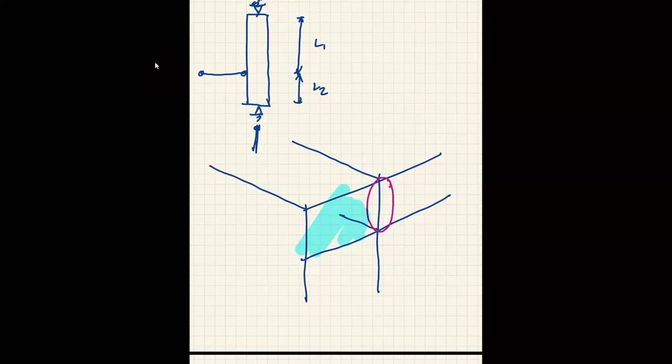When you consider buckling of the in-plane one here, or the out of plane, which is in this direction, yes, you may have the same K in both axes.